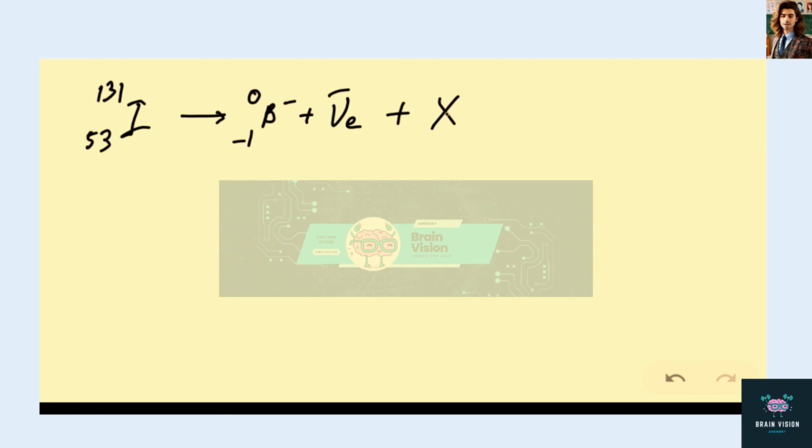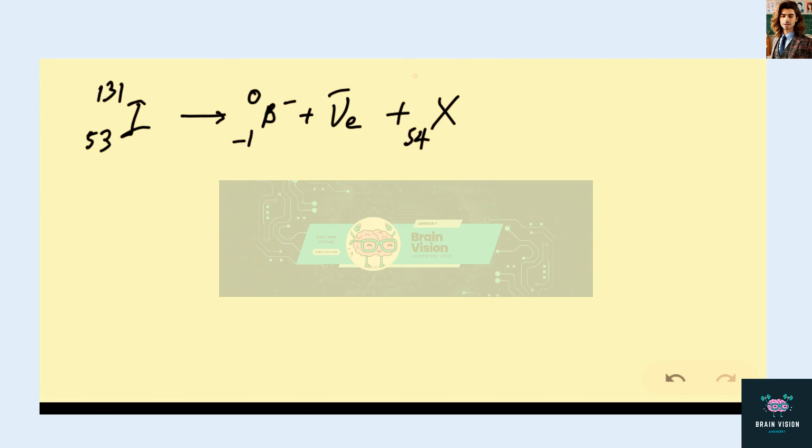So we want to identify what's this unknown. We should be able to by just looking at the proton number and the nucleon number, so they must be conserved. So since the beta minus has a proton number of -1, X must have a proton number of 54, so that the total proton number is 53.